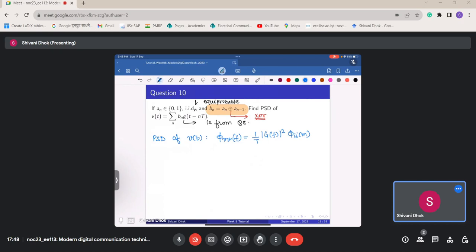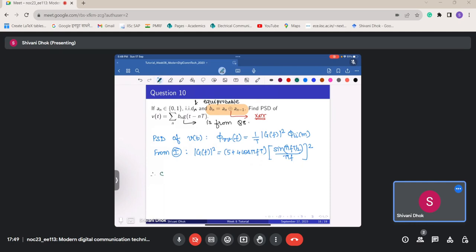Now from equation I, we know that magnitude of Gf square is simply 5 plus 4 cos pi fT multiplied by sine pi fT by 2 upon pi f whole square.